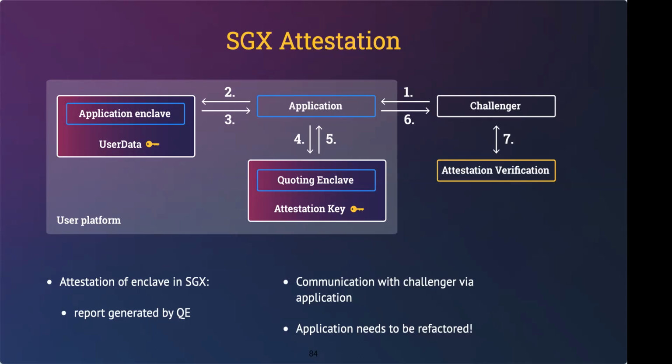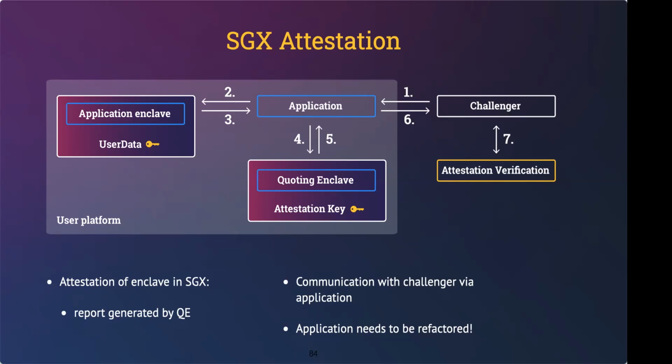And if you look at the top-level description of what attestation does, it could already make your head spin, because there are multiple steps. I want to verify that my application code is running in an application enclave. So I'm a challenger. I talk to the application and say, is your enclave really in the right state? The application talks to the enclave, which talks back.